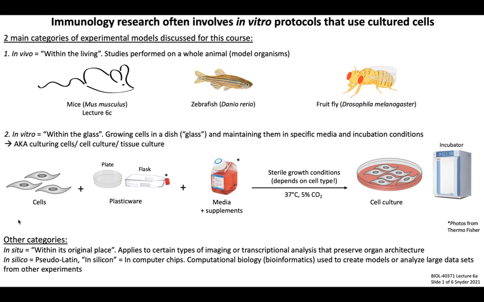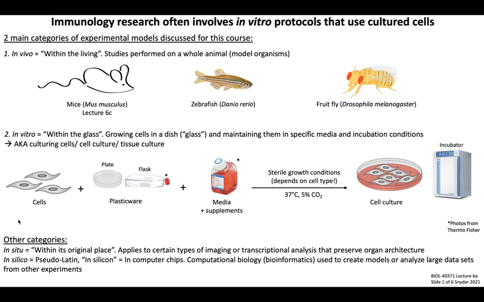for imaging tissue sections. You may also see the term in silico being used, which is actually pseudo-Latin and just refers to in silicon, as in the silicon that's present in computer chips. I think that this is a little bit lame because you could have just used other existing terms for this instead of fake Latin, but whatever. So in silico refers to computational biology, which is also called bioinformatics.